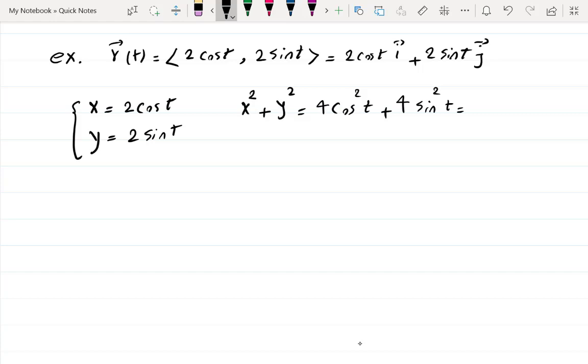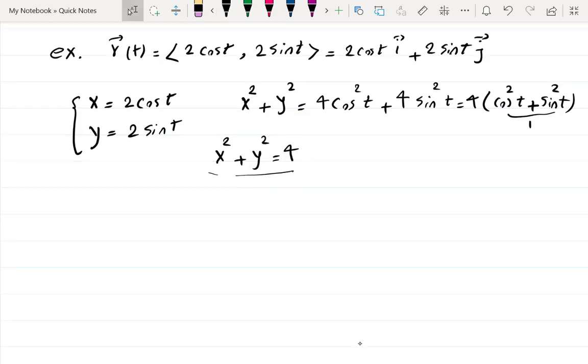By pulling 4 out, we have cosine squared of t plus sine squared of t, which is equal to 1. Therefore, x squared plus y squared is equal to 4. That is a circle with the center at the origin and the radius of 2. This form is called the Cartesian form of this function, which is written just by x and y.